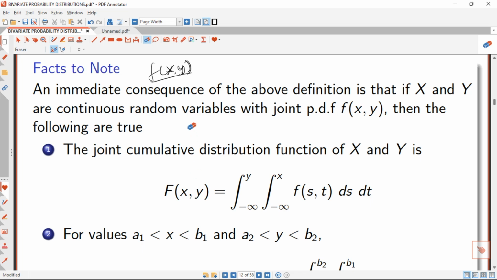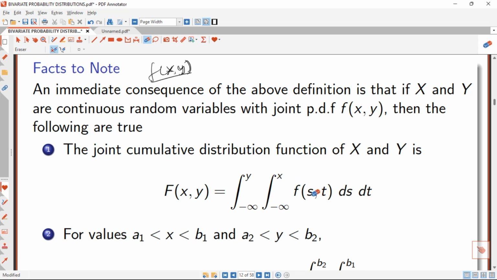So for instance, if you are given this joint density, for us to get the cumulative, we are going to use the capital F. This one is for small f. For the cumulative, we are using capital F of x comma y. Here we are going to integrate from negative infinity, the lower limit of y, to the random variable y, and then also integrate from the lower limit of x, which is negative infinity, to the random variable x.